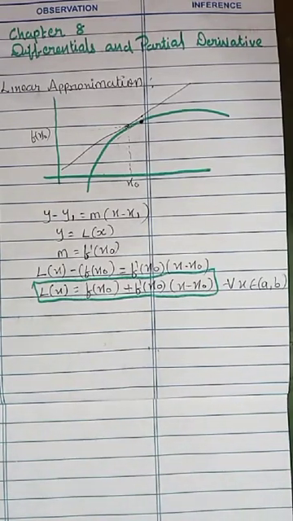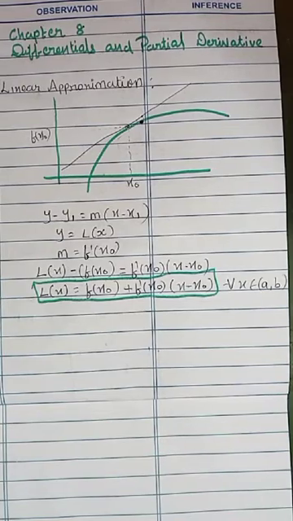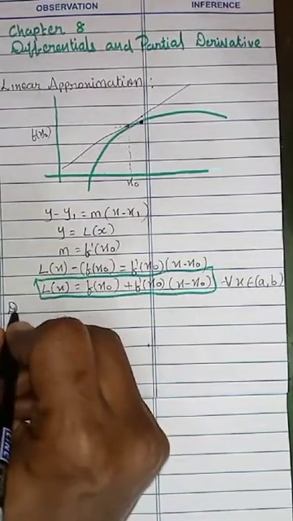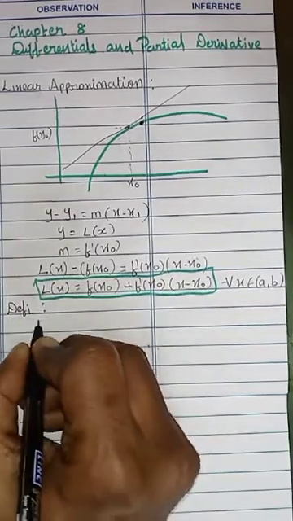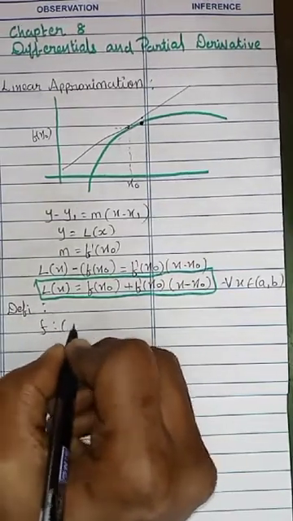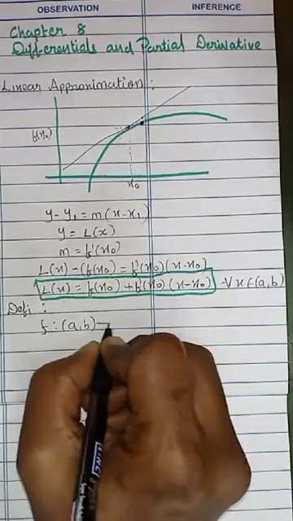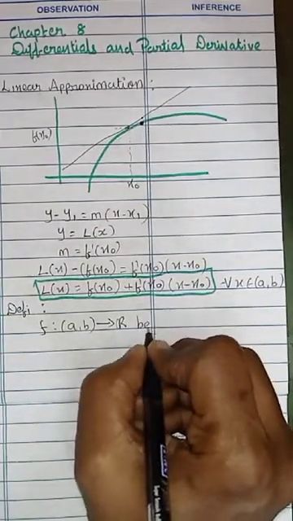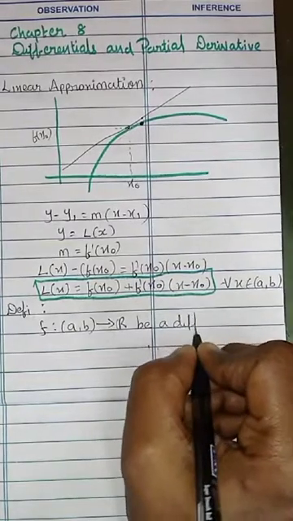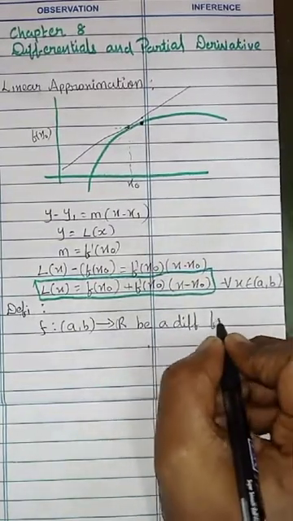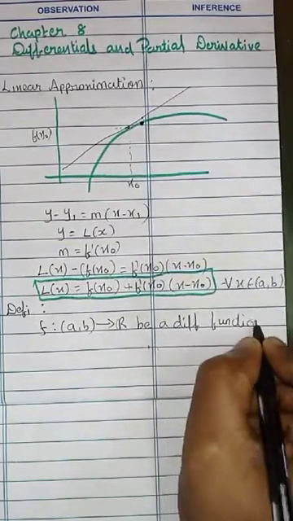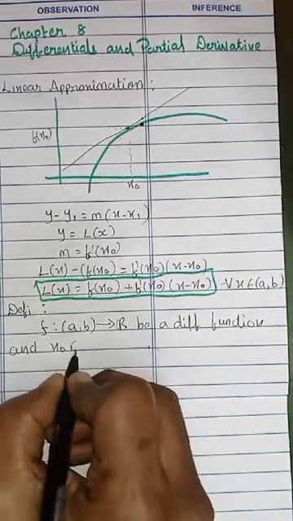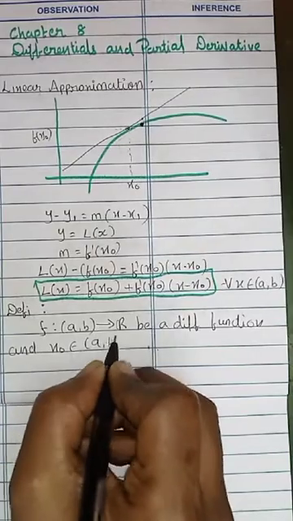And what is the linear approximation definition? Definition: let f be a function from a comma b to R, a differentiable function, and x naught belongs to a comma b.